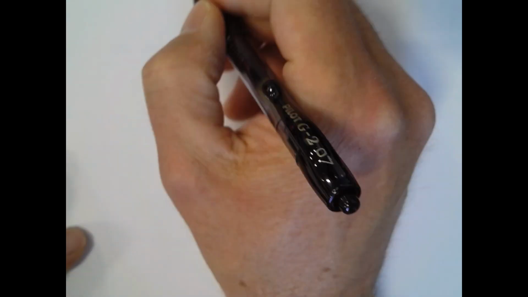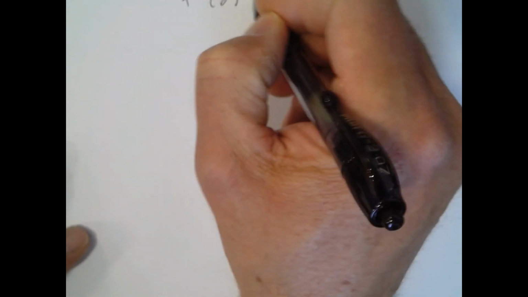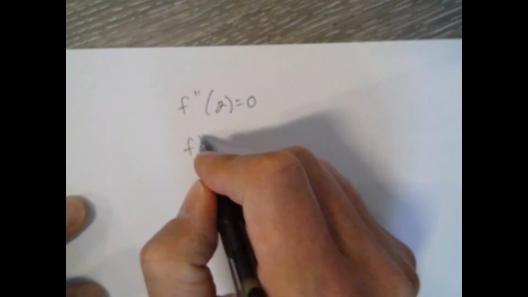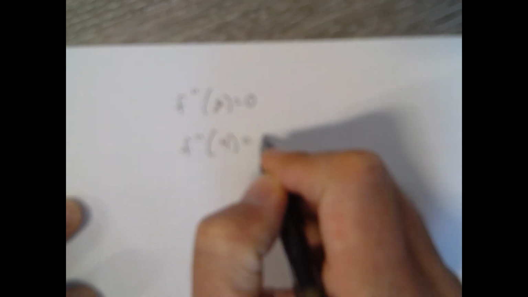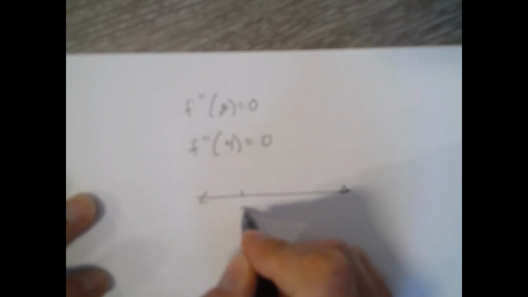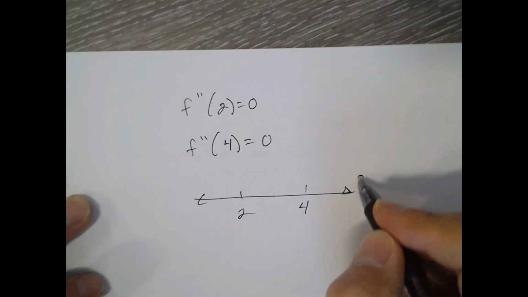carefully. Okay, so a number line test, if you wanted to check concavity, let's say f double prime of 2 is 0 and f double prime of 4 is 0. A number line test would say we got 2, we've got 4, and this is f double prime.